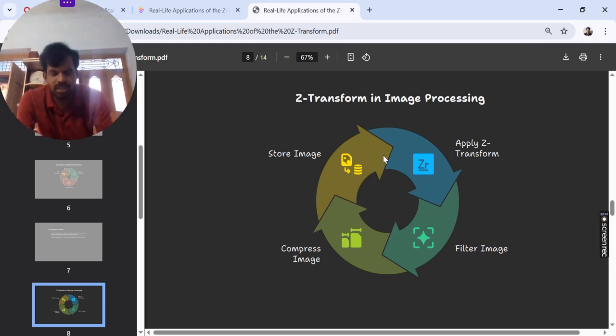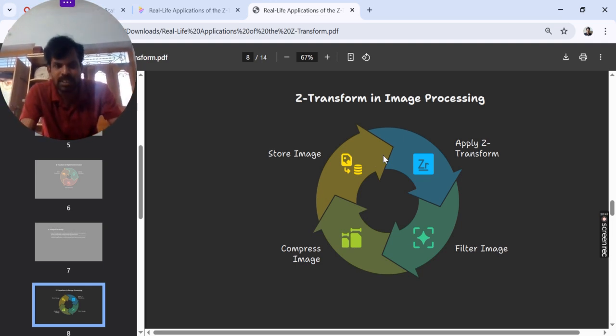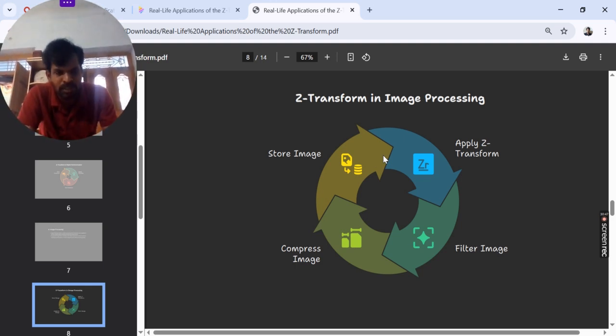Because without any image compression, the image requires a large amount of memory to store a single image. For that reason, we perform compression. After performing compression only, we store those images. By default, all the electronic gadgets and systems we use nowadays perform compression.